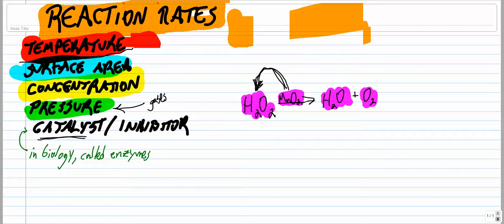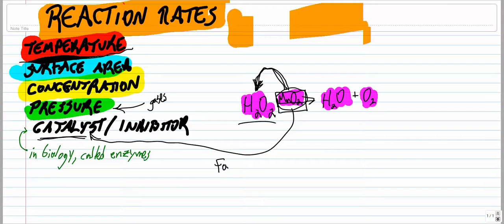So if you just put in one tiny little piece of manganese dioxide, your whole bottle of hydrogen peroxide is ruined. Since manganese dioxide isn't affected by the reaction, we call it a catalyst. Its formula doesn't change in the reaction. In other words, it isn't changed in the reaction.